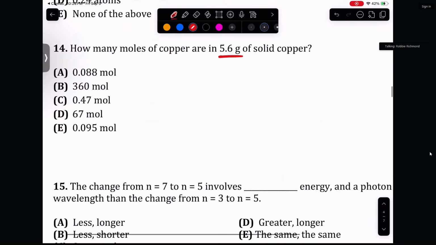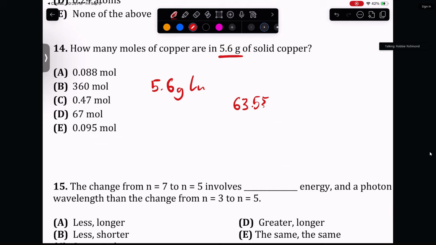So dimensional analysis way to put this down: in 63.55 grams of copper, there's 1 mole of copper. So it's basically just 5.6 divided by 63.55. I got 0.88 moles. That's answer choice A.